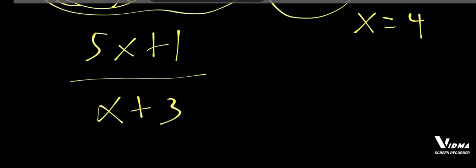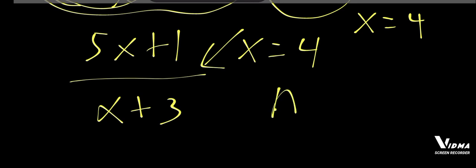And when I insert x equal to 4 into this function, I'm going to get the value for A. You can try it for yourself. You see that your A will just become 3, because 5 times 4 is 20, plus 1 is 21. So 21 over 7 just becomes 3. That's the easiest way you can get your value for A.